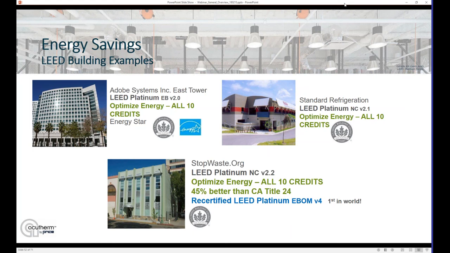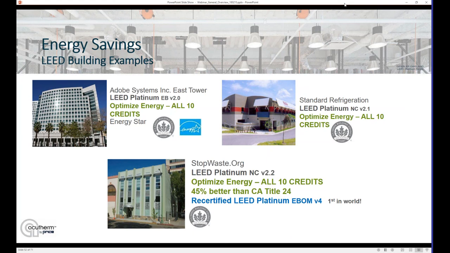When it was built, it was prior to the LEED system getting any momentum, but once that LEED system came into play, they were able to go back on this building, under the existing building's version of the LEED standard, and get all 10 energy credits, where the Therma-Fuser diffuser system is helping to achieve that. On the right, another LEED Platinum building, again able to get all 10 energy credits with the Therma-Fuser diffusers throughout their office spaces, helping to achieve that.